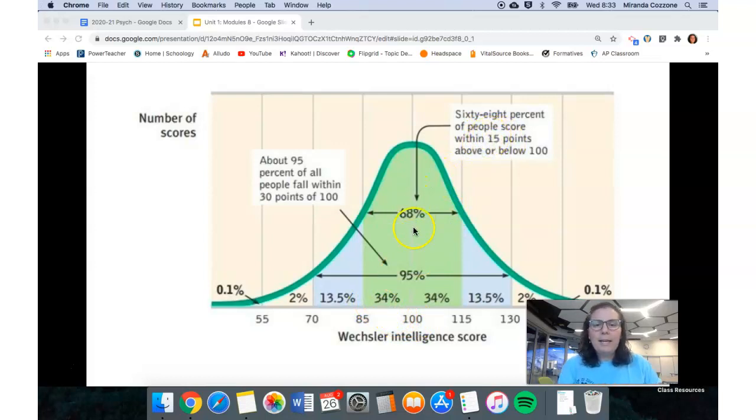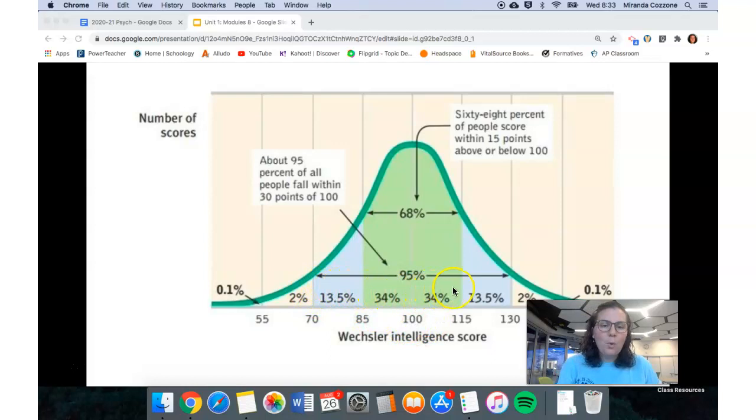So what we can see here from this bell curve, from the data set, is that 68% of people are within one standard deviation, okay, using the 15 points here. They're within one standard deviation of the mean, which is 100, okay? So 34% of people scored a 115, 34% of people scored an 85, but by and large, 68% of our population scored within one standard deviation of the average, which is 100, okay?